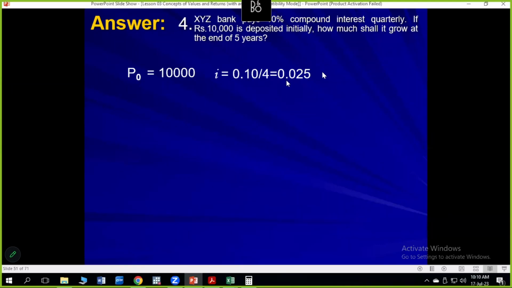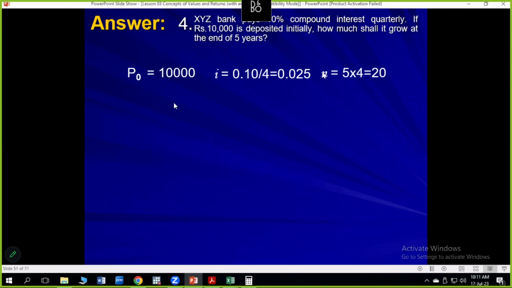So for a quarter, the interest rate comes to 2.5%. Likewise, the number of compounding periods: the years should also be multiplied by 4. So n becomes 20. This adjustment should be done.